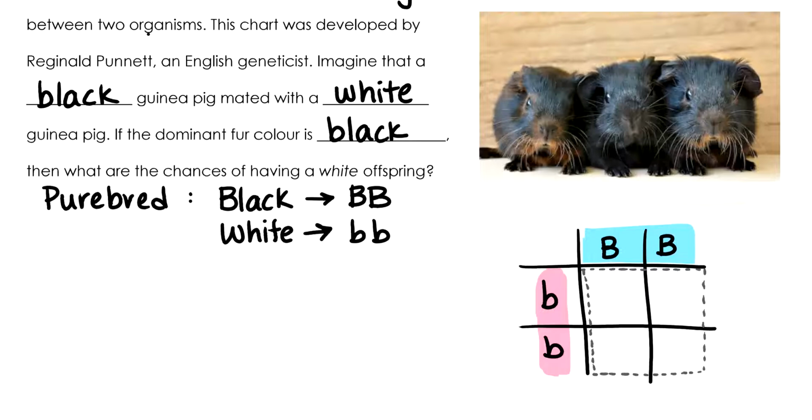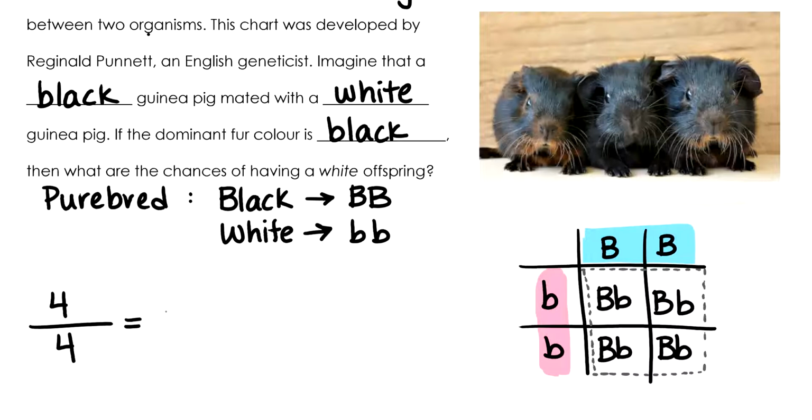And to complete each section of the square, you simply say, okay, big B and little b would make big B little b. And big B little b would make big B little b, and so on. So out of the 4 options we had for our offspring, all 4 were big B little b.